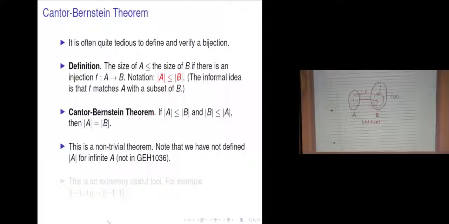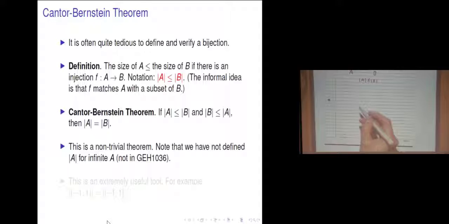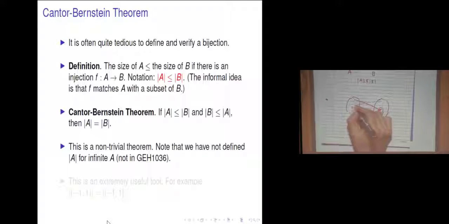Now, the Cantor-Bernstein theorem is something like this. So you have A, you have B. Now you have an injection F from A to B, right? So you match A with a subset of B here. Now, for some reason, you also have another injection, let's say G, from B to A. Maybe you map B to somewhere here.